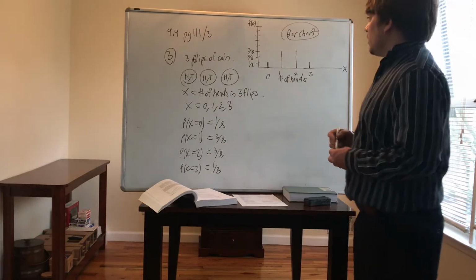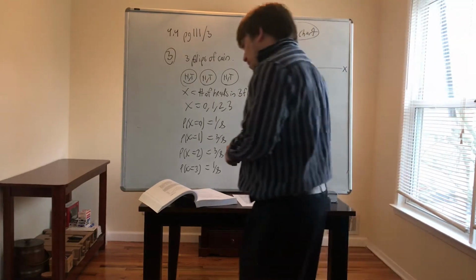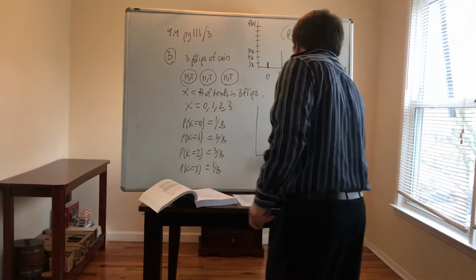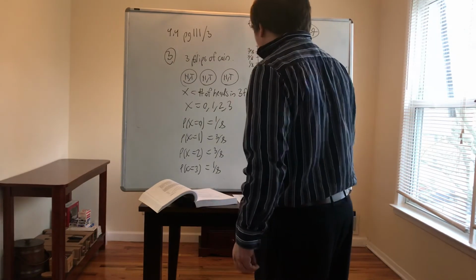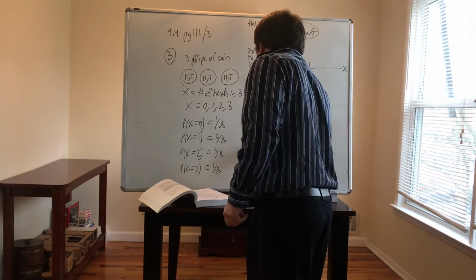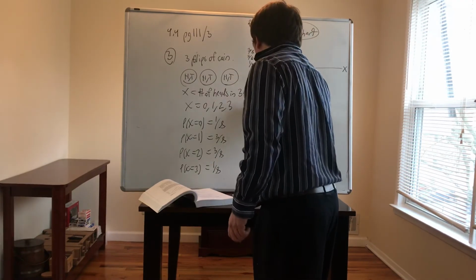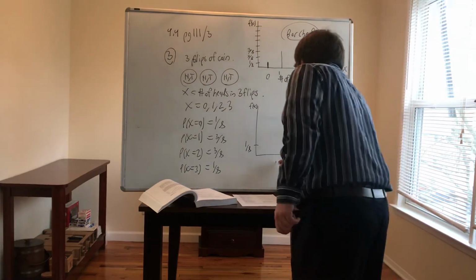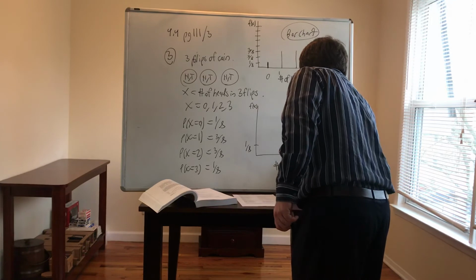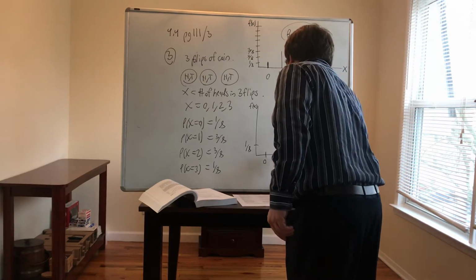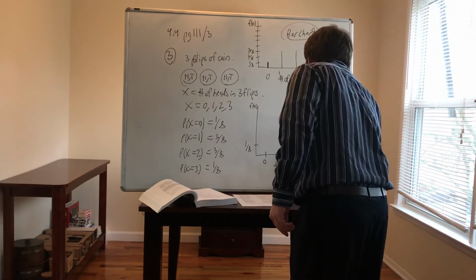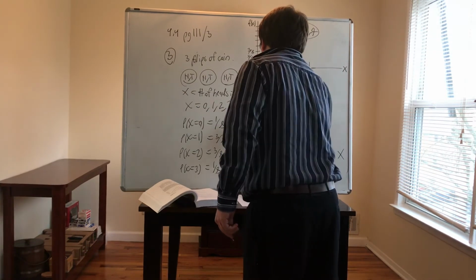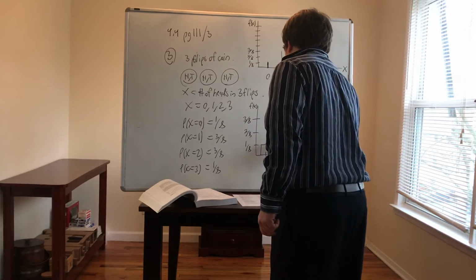And then the other one is the probability histogram. It's almost exactly the same, with the probabilities still starting at 1/8. This is f of x, and this is x, which is the number of heads: 0, 1, 2, 3, with 1/8, 2/8, 3/8 on the side. For 0, it's going to be that.